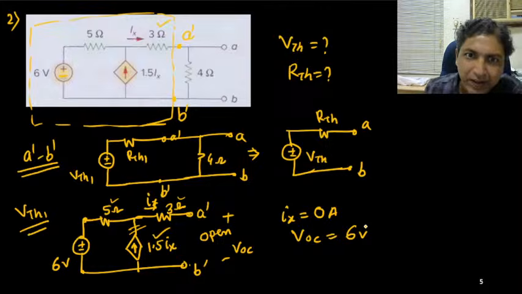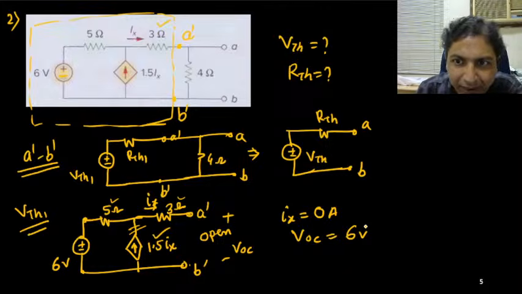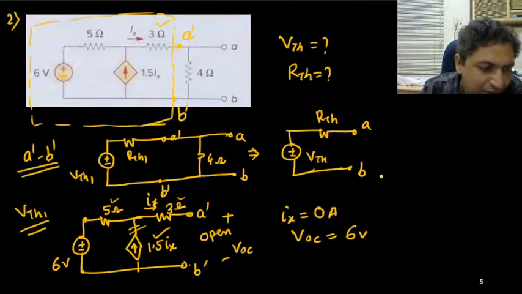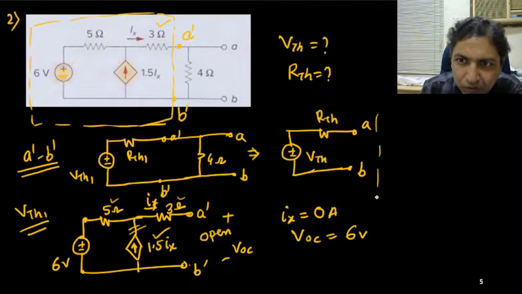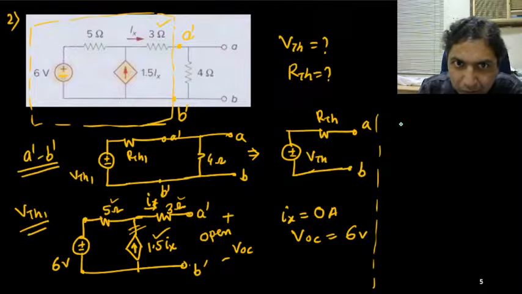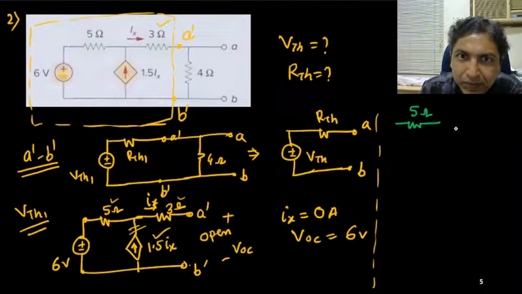Okay. Now let me find out RTH1. To find RTH1, what can I do? So this 5 ohm resistance I will consider. This 3 ohm also I will consider.